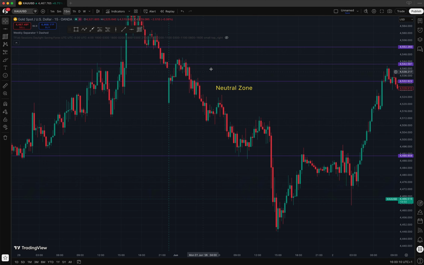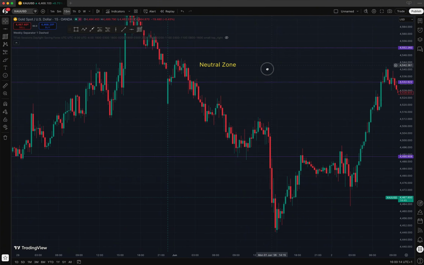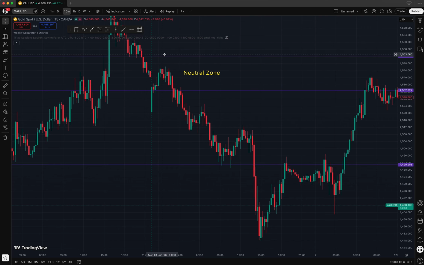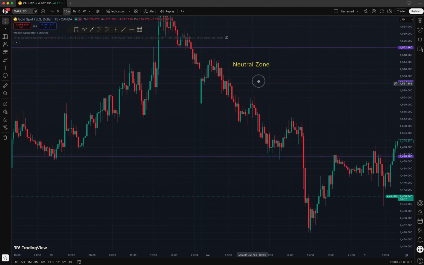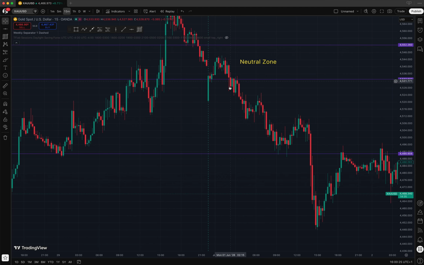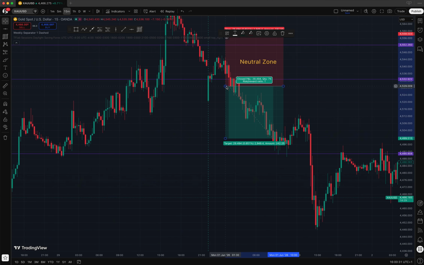So the opening channel now becomes the neutral zone, and now we wait, and the next candle that closes outside of this channel, we can take a trade. This one closed outside my channel, on the downside, so obviously I'm selling.